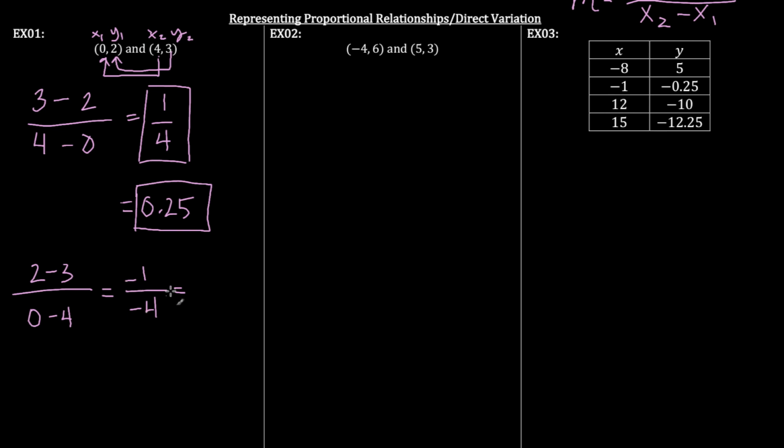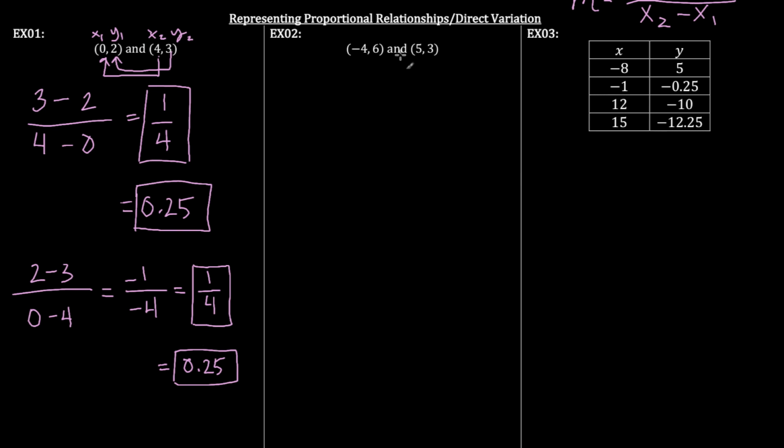A negative over a negative is a positive. And once again, that is 0.25.